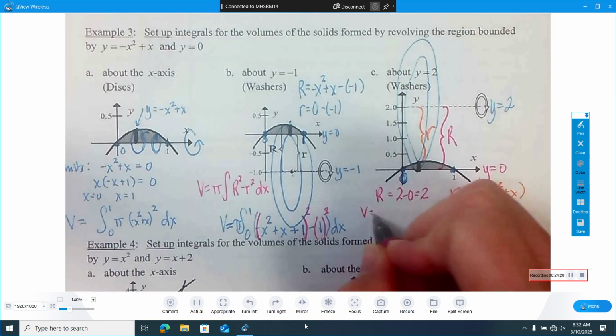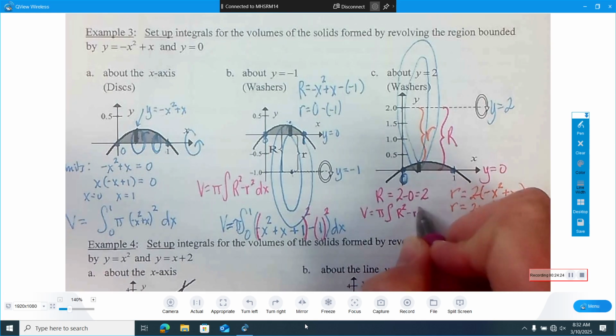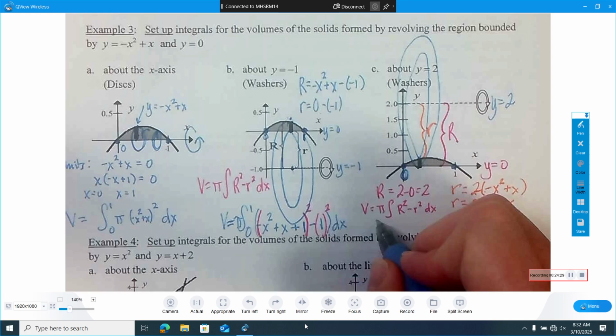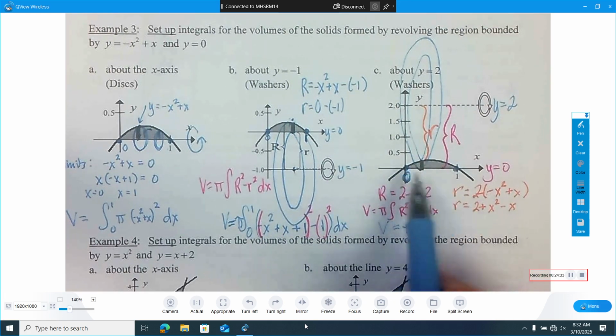Okay, so our volume is going to be pi integrated with big R squared minus little r squared dx. I'm going to write it down so I don't mess it up this time. All right, pi out in front. We are again integrating between 0 and 1.